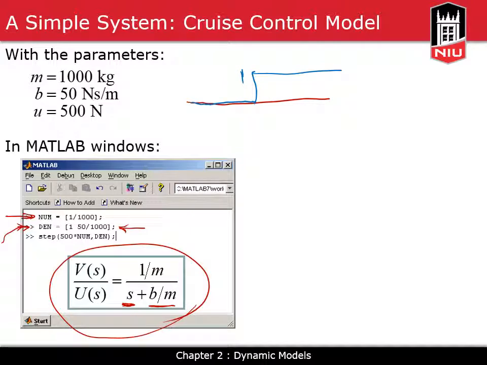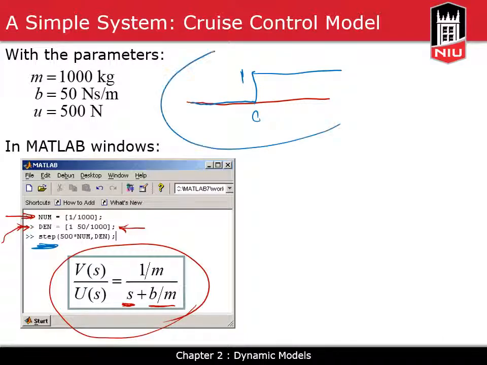The unit step function jumps to the value of 1 at time 0 and stays there. Okay? The step command that you see here gives you the plot of the output of the system if the input is a unit step input.